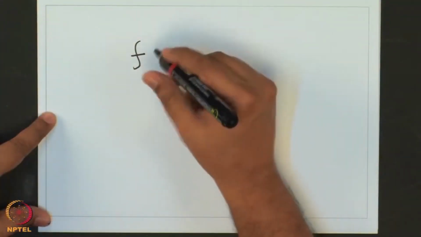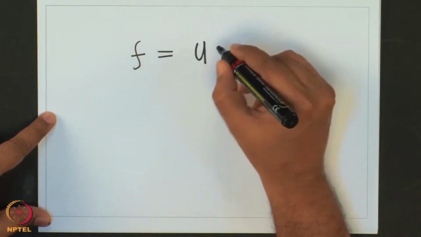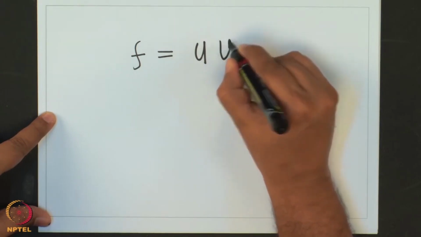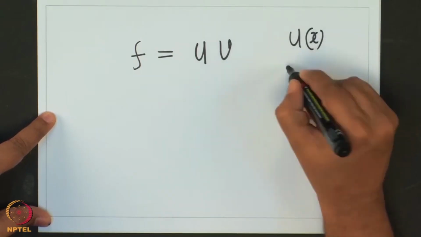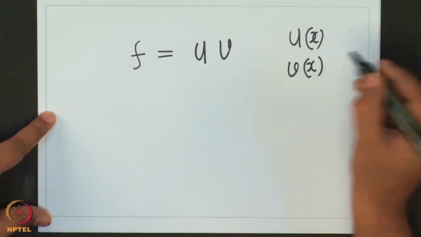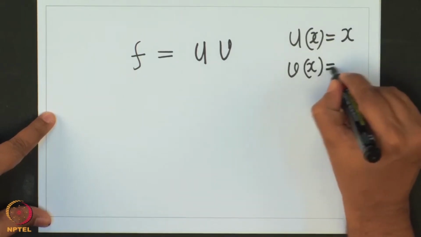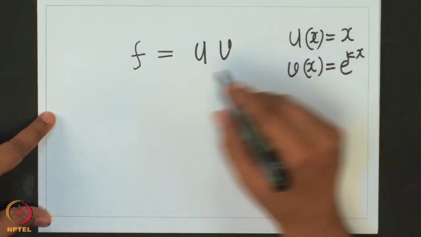We had this function f, which was a product of two functions u and v. You have two functions, u of x and v of x. For example, this might be x and this could be e power kx.